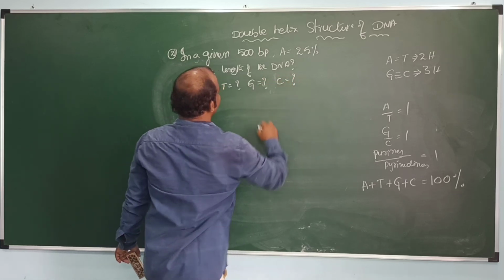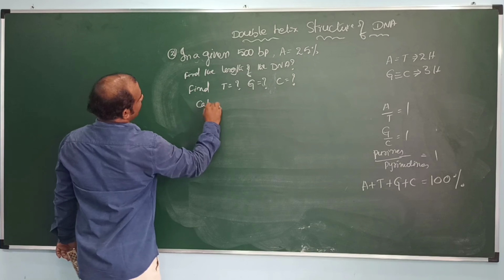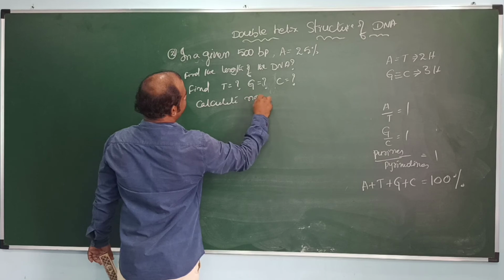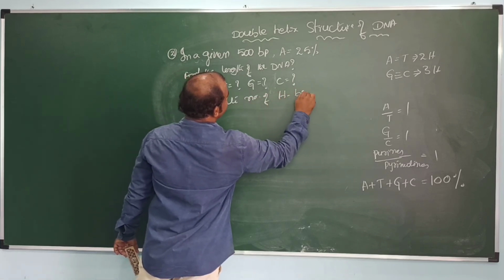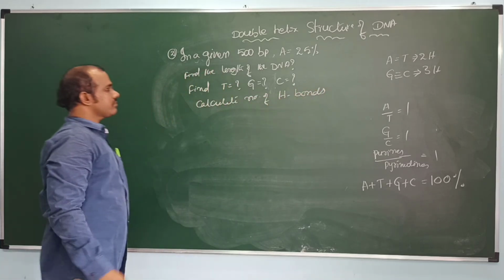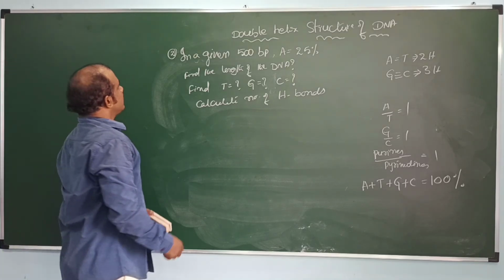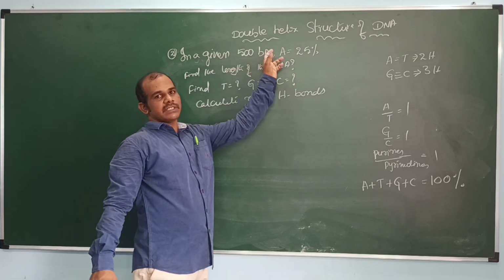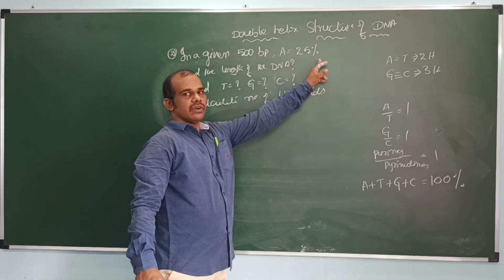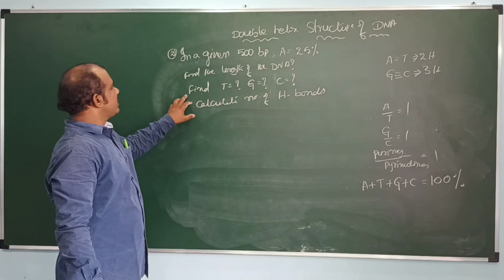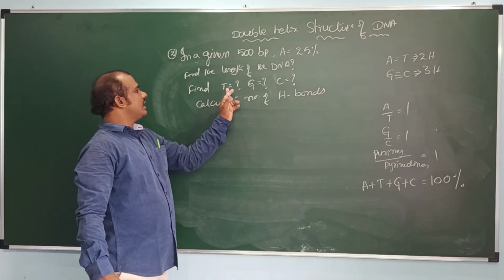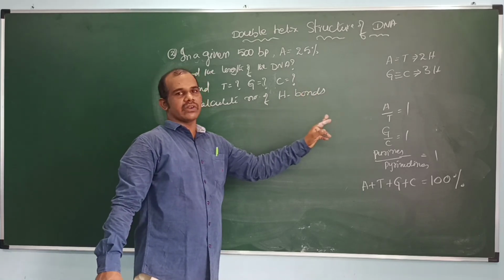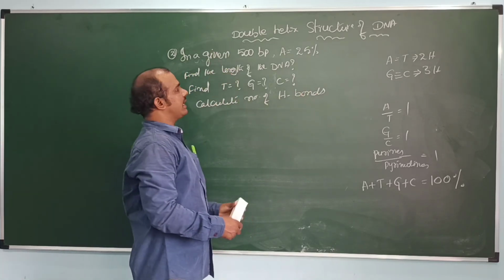And calculate the number of hydrogen bonds. So in a given DNA, there are 500 base pairs present. A equal to 25%. Find out the rest of the nitrogen bases, that is T, G, C, and calculate the total number of hydrogen bonds in a given DNA.